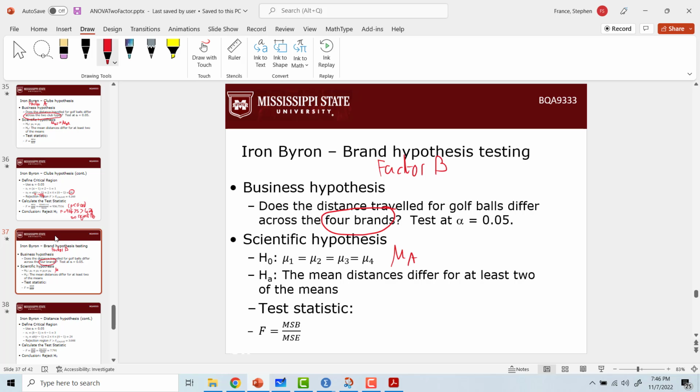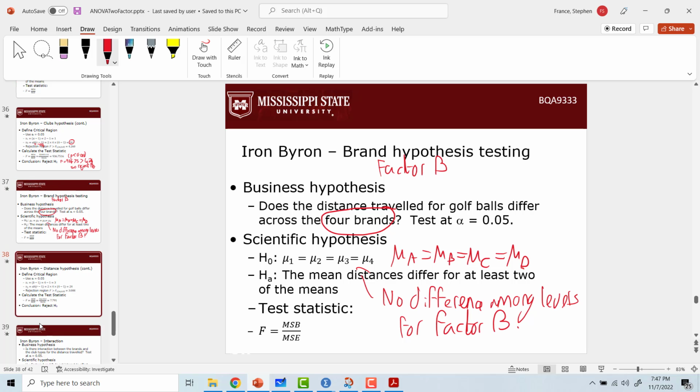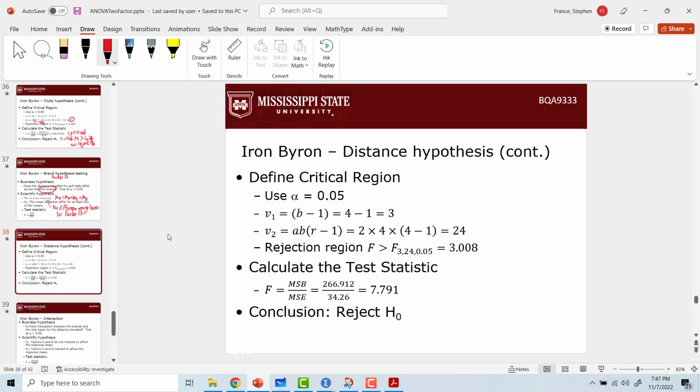So we've got mu A equals mu B equals mu C equals mu D, or you could just say there's no difference among the levels for factor B. Again, the V1 from the ANOVA table is B minus 1, 4 minus 1 is 3.